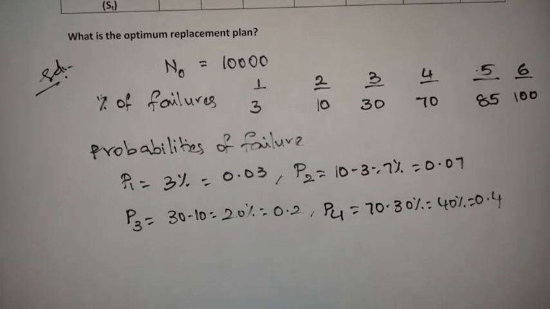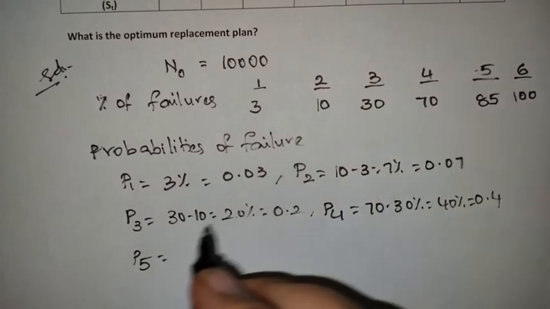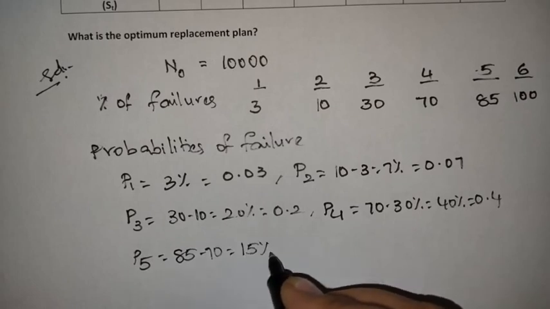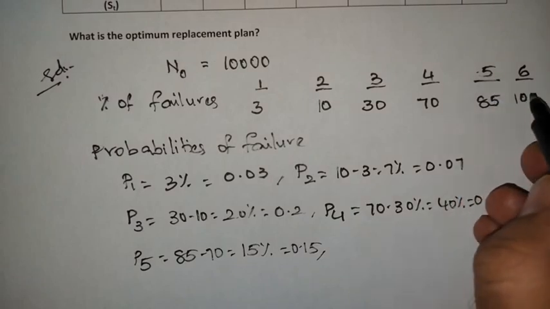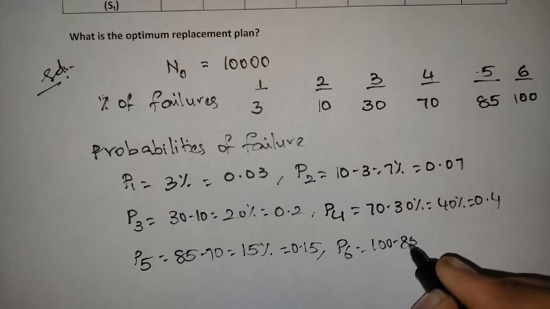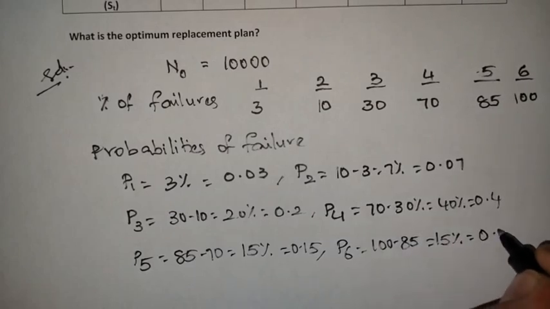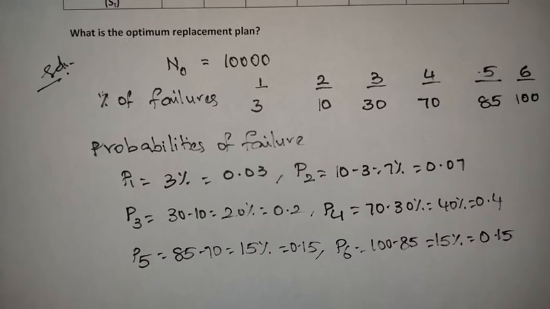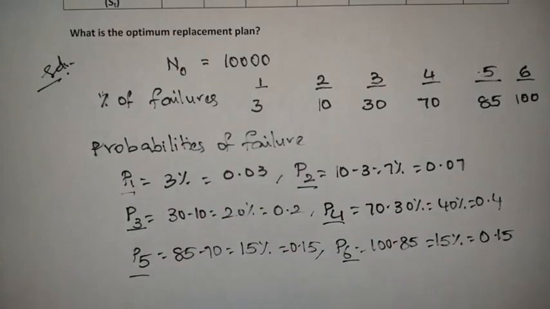Next, in fifth month it is 85 minus 70, that equals 15%, and that is 0.15. Next, in sixth month, P6 equals 100 minus 85, that equals 15%, that is 0.15. So now we have found out the probabilities of failure in each and every month.